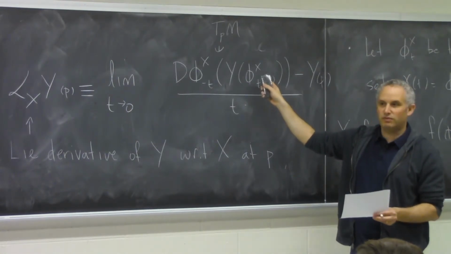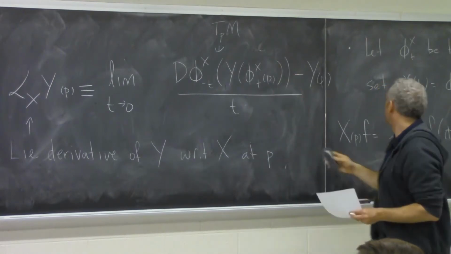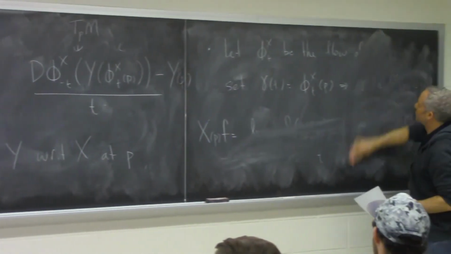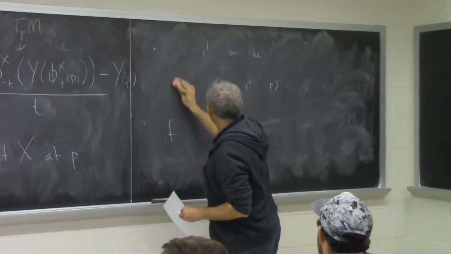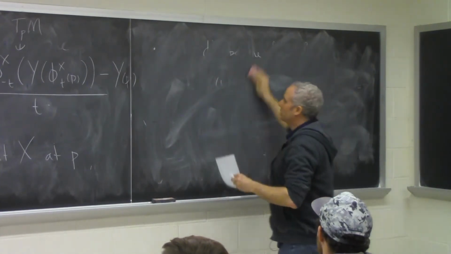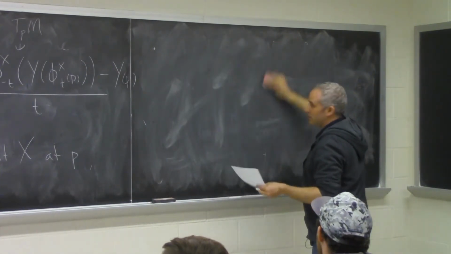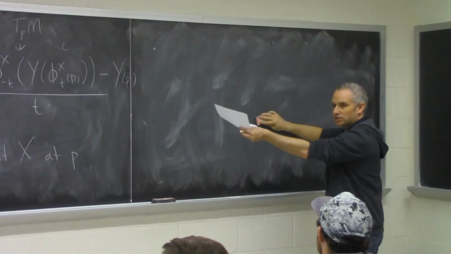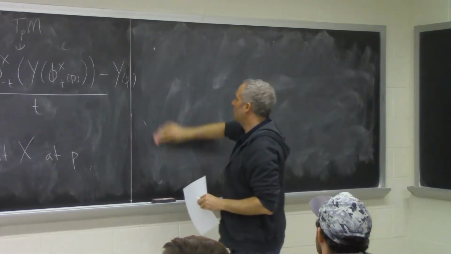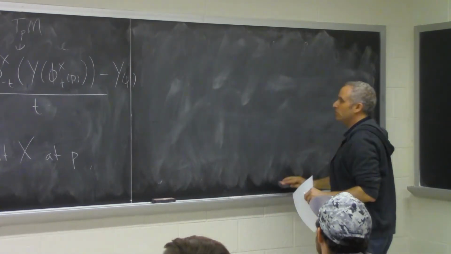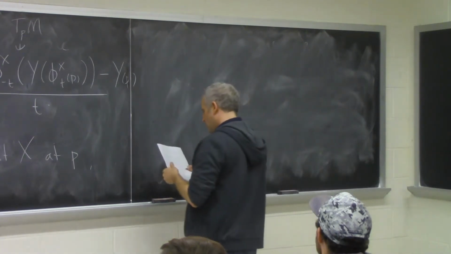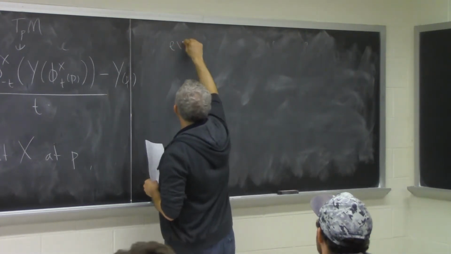You can't always integrate everything. But let's do an example where you can integrate something, even in coordinates. And then we'll resolve this problem with a beautiful identity.